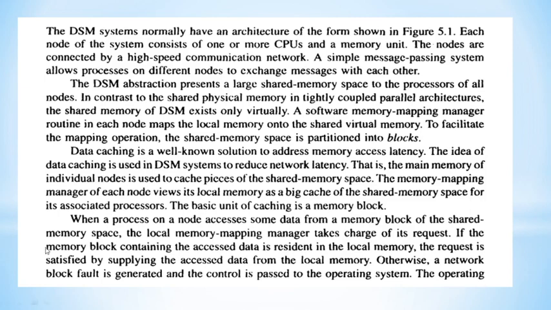This idea is implemented in order to reduce the network latency, so the time gap from node 1 to node 2 can be reduced with the help of data caching. Frequently used data items can be stored in cache memory. Memory mapping between the local memory and the cache of the shared memory space is associated with a number of processes. So the basic unit of caching is the memory block.